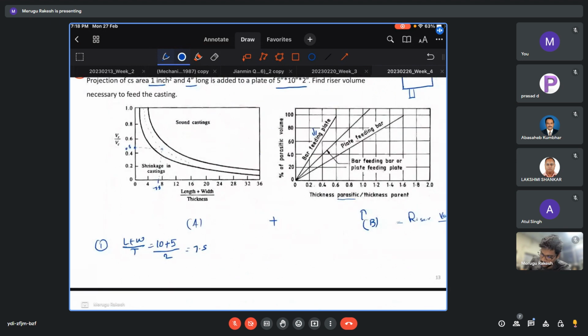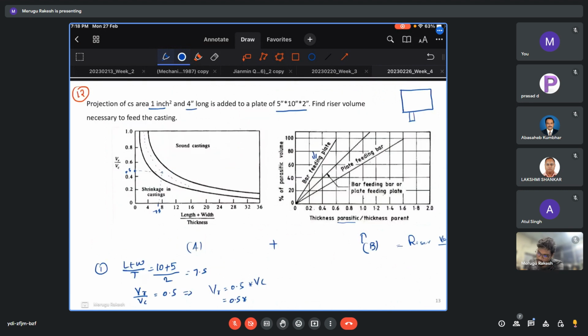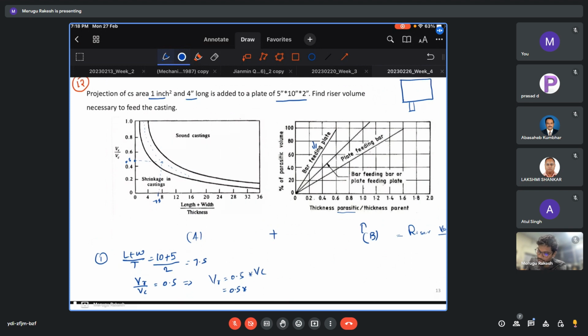So corresponding to 7.5, I have volume of riser by volume of casting as 0.5, so that implies volume of riser is 50% of volume of casting. So 0.5 into 5 times 10 times 2, 50 times 2, that is 100, that is nothing but 50 inch cube. That is nothing but the A value.